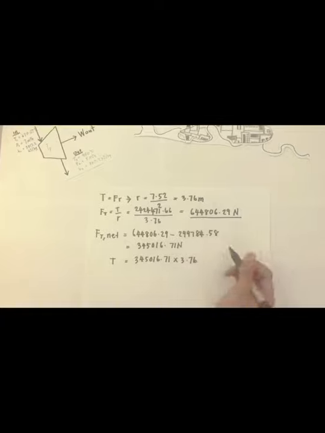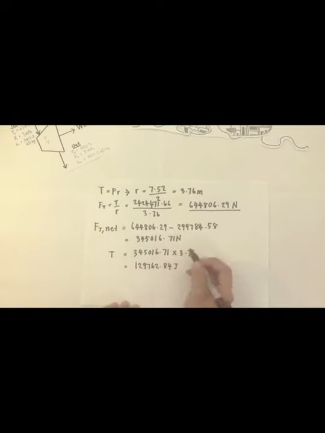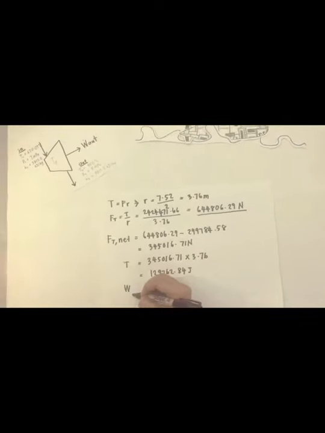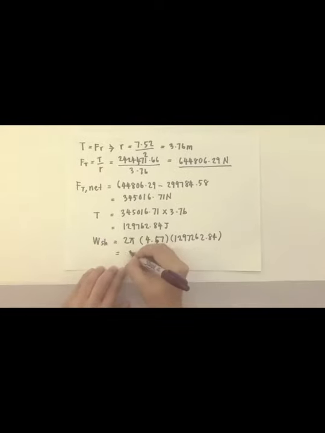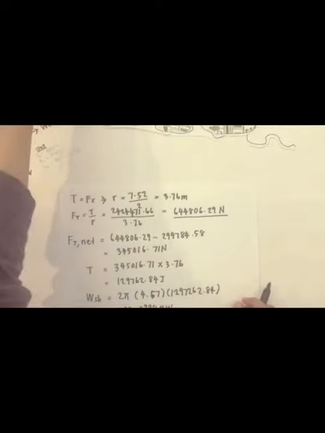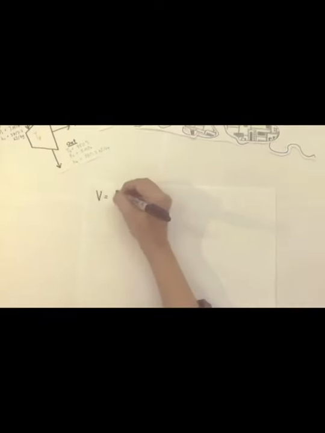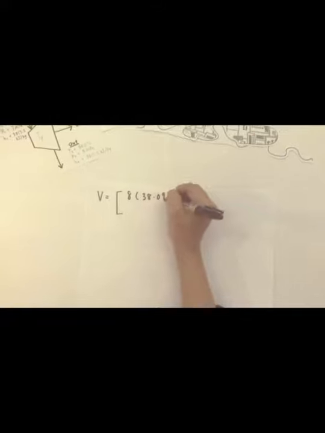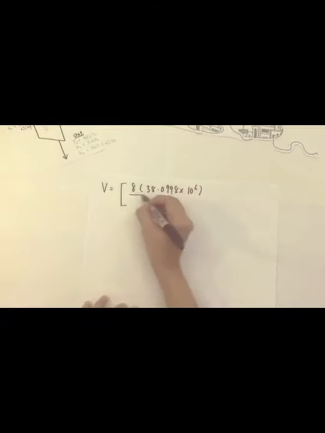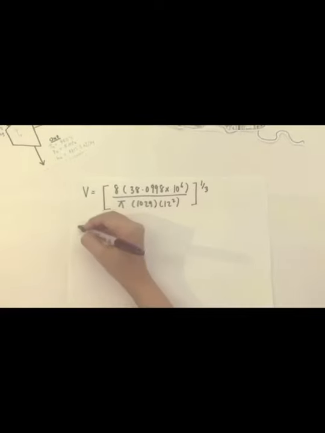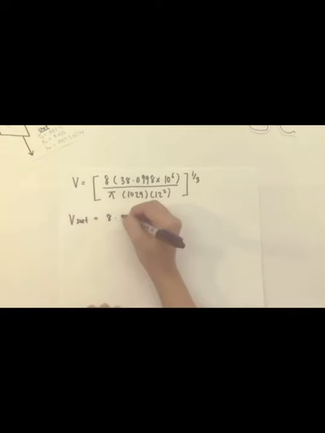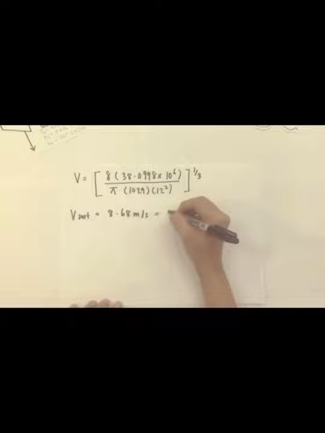From there, we plug in the numbers to find the torque value, and by using the newly found torque value, we found the work shaft, which is 38 megawatts. From that new work shaft, we will be using the same formula that we used before to calculate the velocity, and we finally find that the velocity of the submarine at surface is 8.68 meters per second or 16.88 knots.